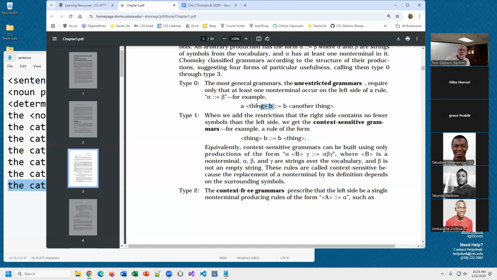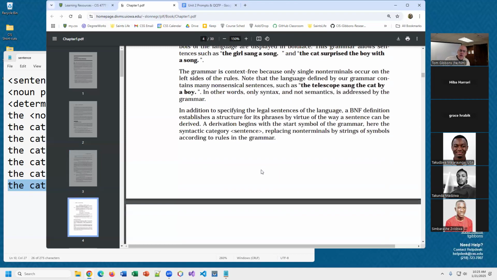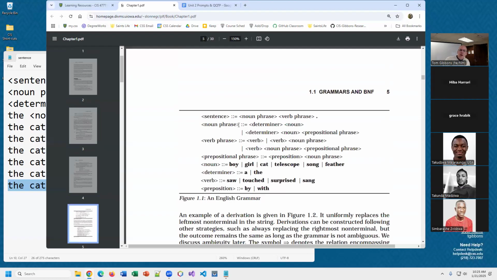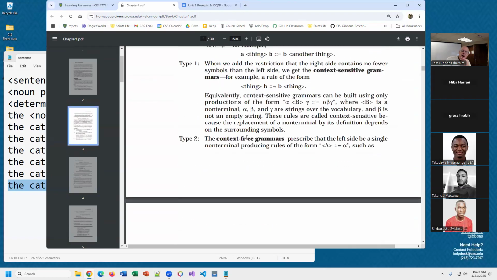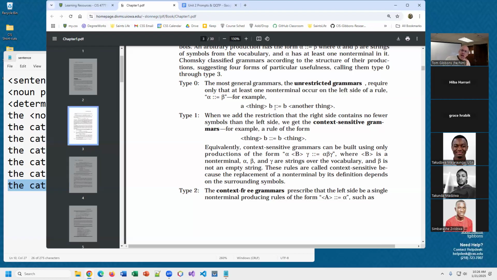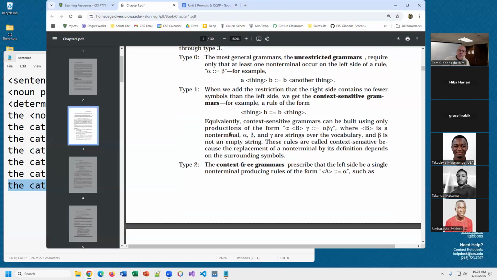So you can have multiple things where, again, when we looked at our first rule, we always had just a single non-terminal on the left side here. So if you allow anything on the left side, we call that unrestricted grammar here.